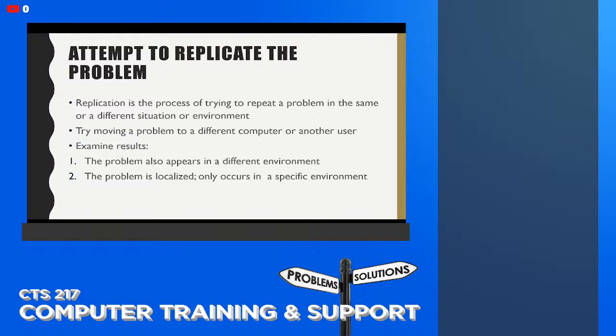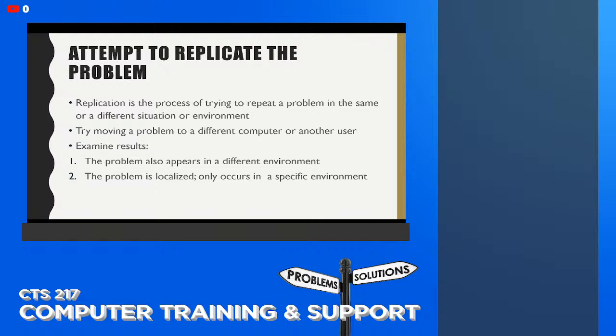Right? Like if we get on a specific system and there's some kind of software error or something that's not happening correctly with that piece of software, and then we get on another system and that piece of software works just fine, it could be some kind of hardware or software configuration error on that particular system that's causing that issue.